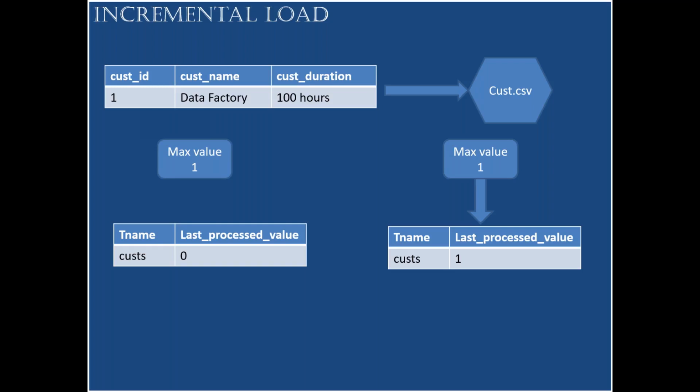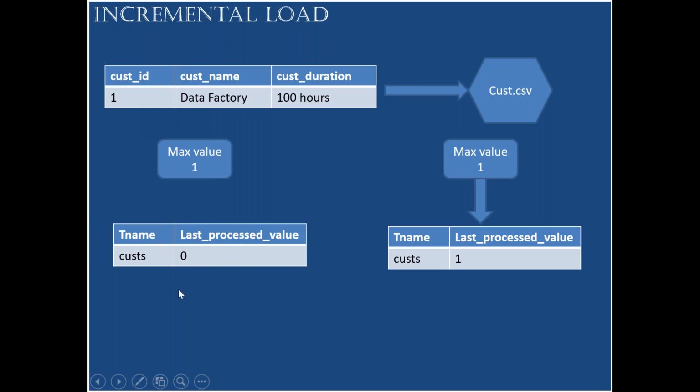So here we did four things. Very, very important, I am repeating the 4 steps. Step 1: you read the max value from the source table. Step 2: you read the last processed value from the metadata table.